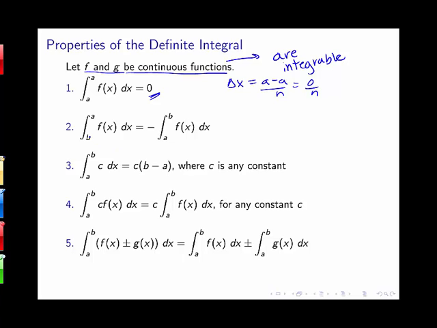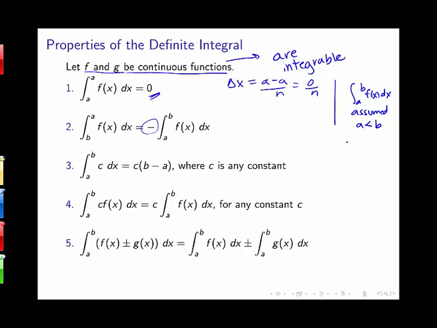In this second property, we're looking at the integral from b to a. Now, when we first defined our integral from a to b of f of x dx, we assumed that a was less than b, but it is possible to write down an integral where b is less than a. The relationship to the integral from a to b involves multiplying by negative 1.